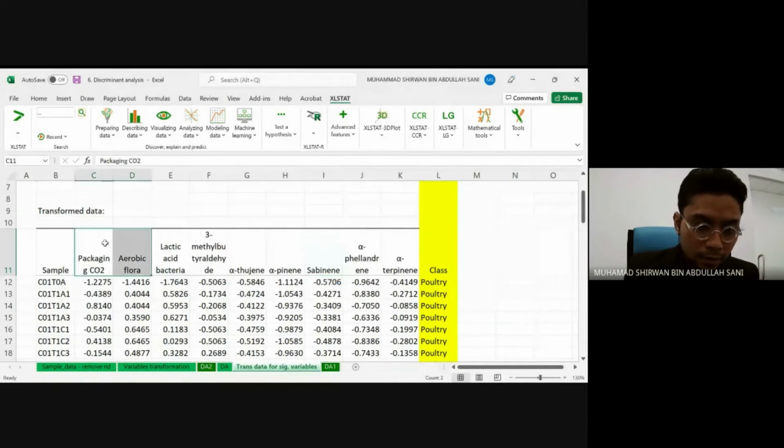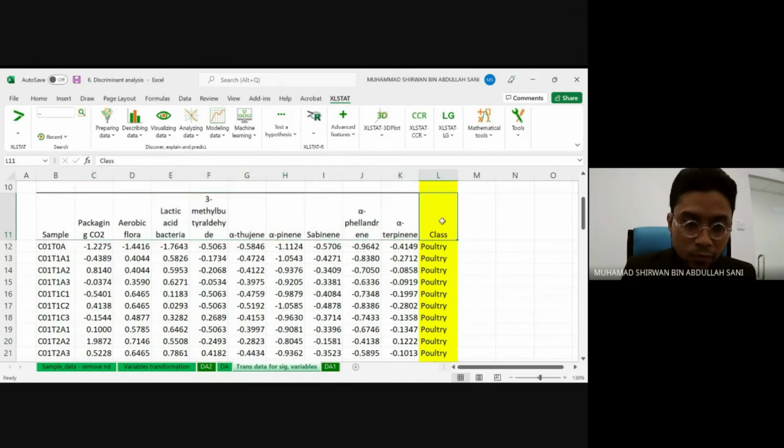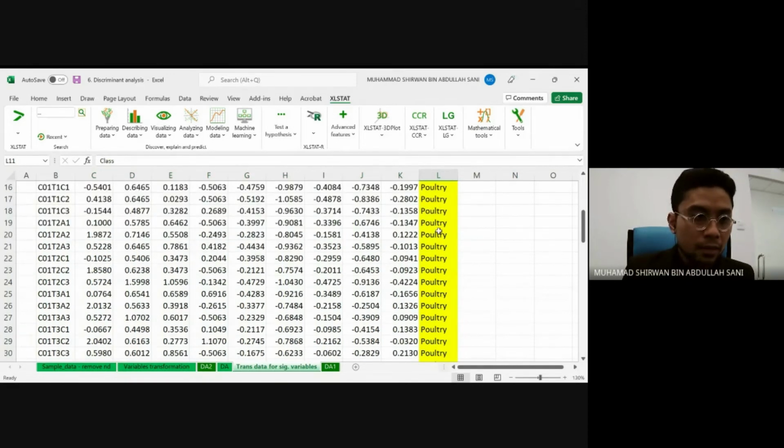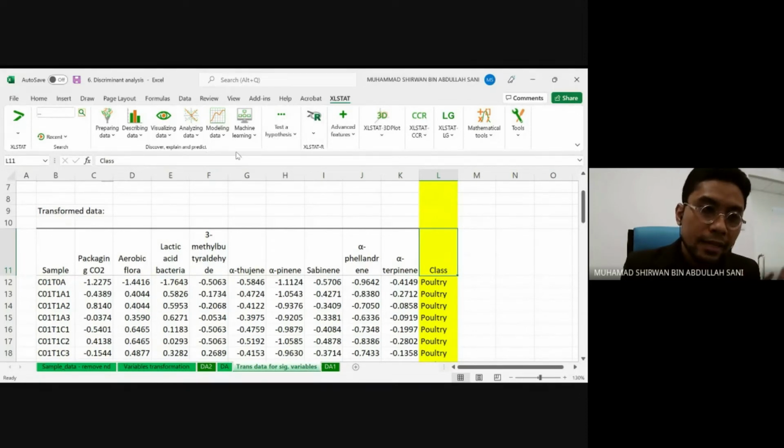These variables are the chemical analysis and biological analysis variables which are the significant ones from the unidimensional table. We choose only these variables and create a new column called class, then label them according to the samples that we have. We only choose the significant variables from the first discriminant analysis. We want to do a new one. So we go for rerunning the discriminant analysis using this data.